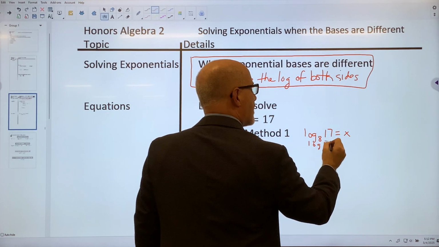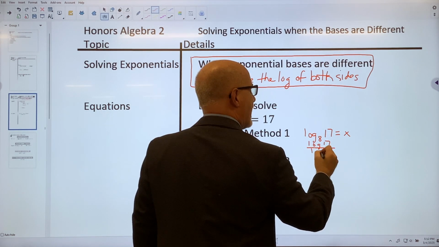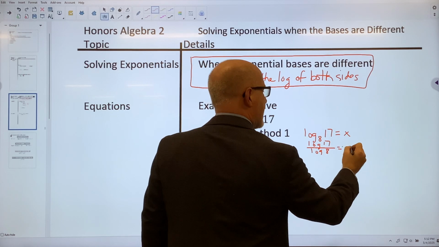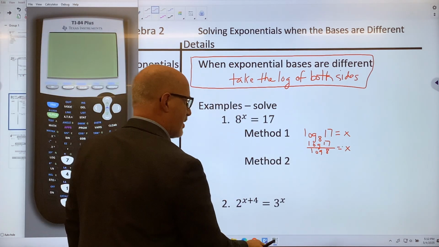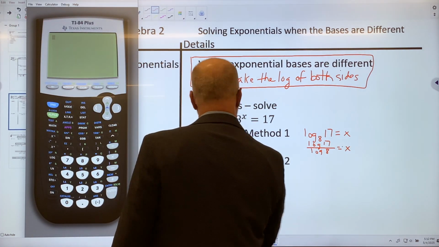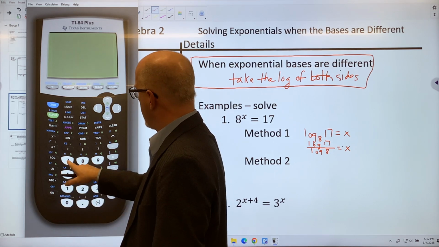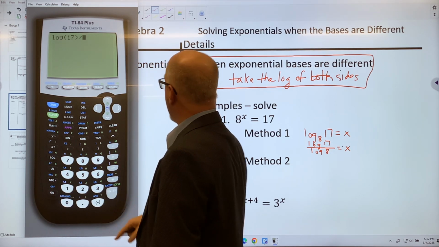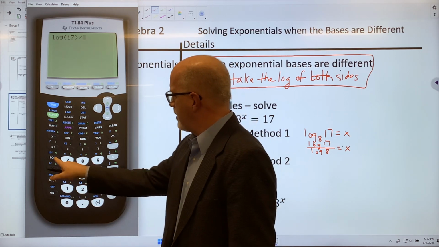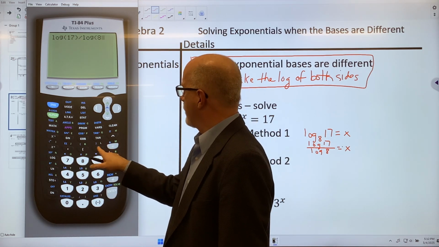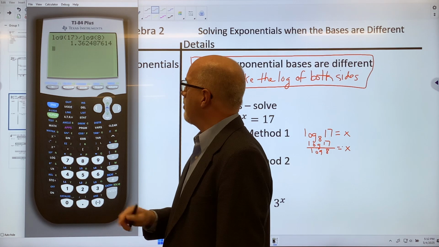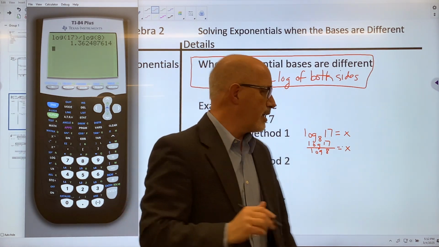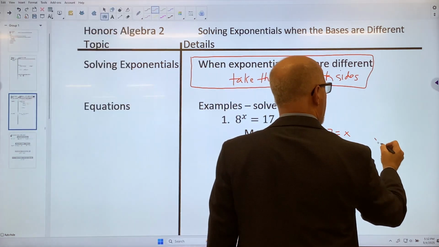I can make this log of 17 over log of 8 is equal to x. Then I could bring out my calculator. On my calculator, I'm going to do log of 17, and then divide that by log of 8. And I get about 1.36 approximately. So x is approximately 1.36.